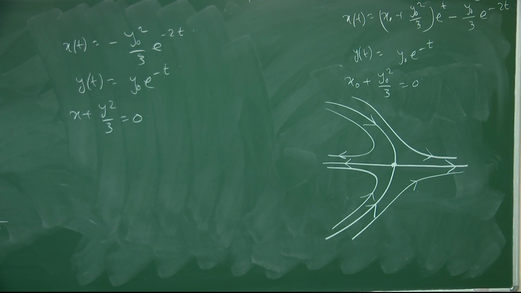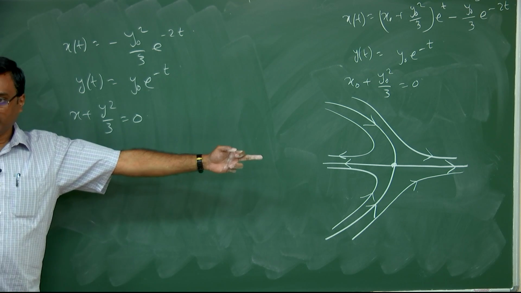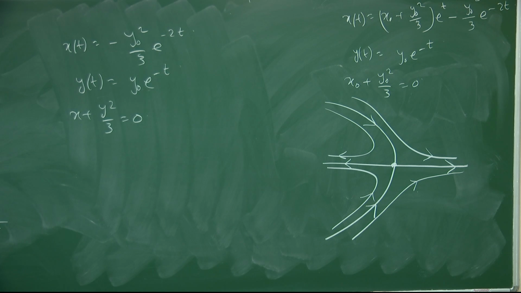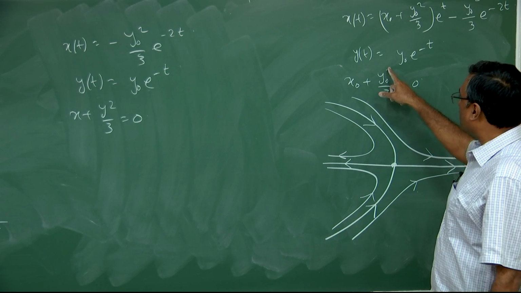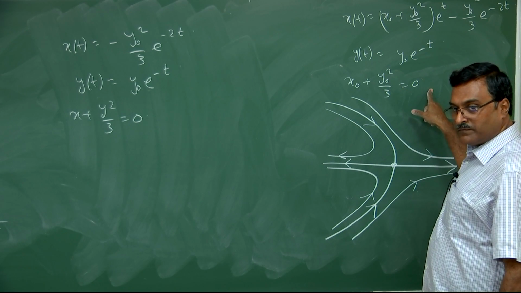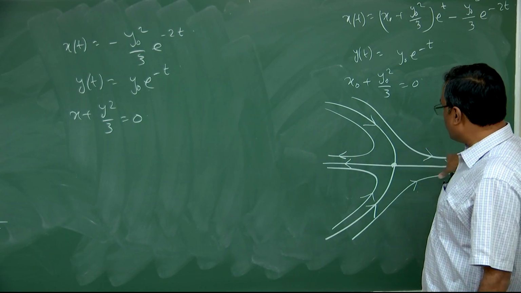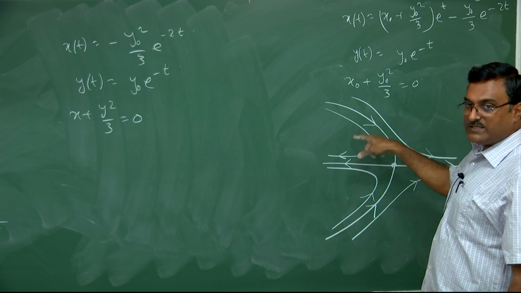Correct? And now try to understand that this and that particular phase portrait are topologically equivalent. So what is happening here is that this line remains horizontal and the vertical line is actually stretched in a way that it constructs this curve x0 plus y0 square by 3 equal to 0, and the rest of the trajectories will be stretched accordingly in order to have this kind of structure.